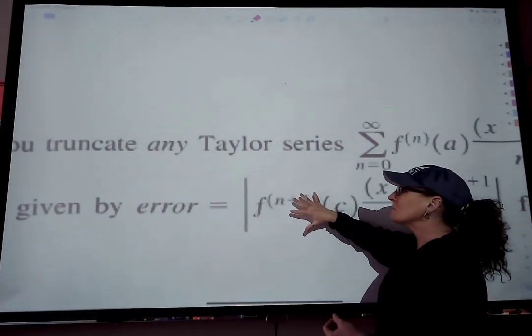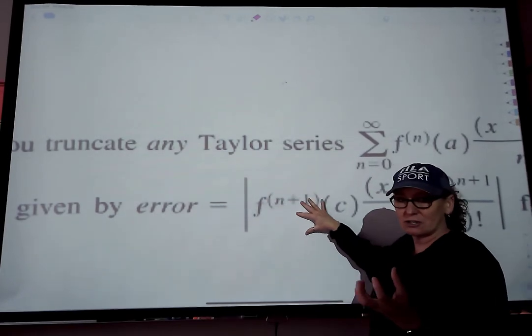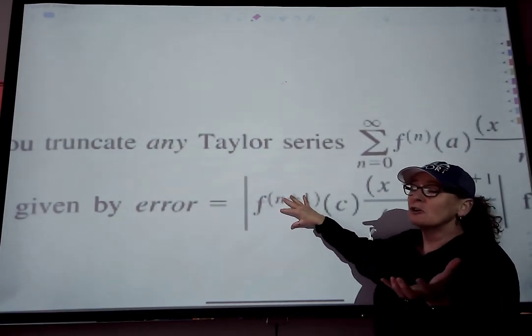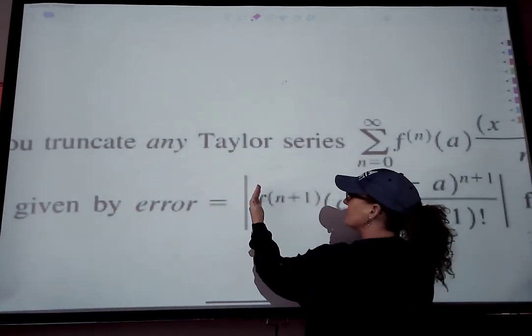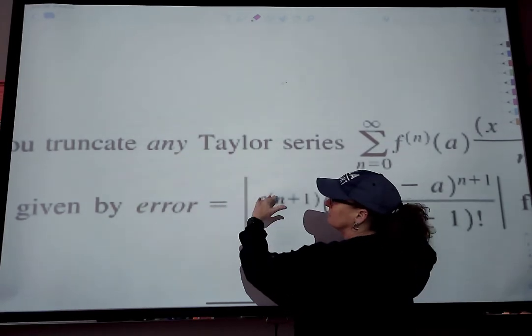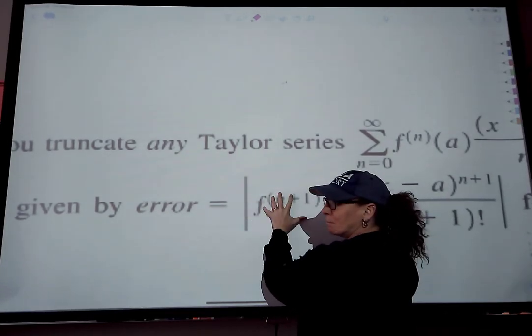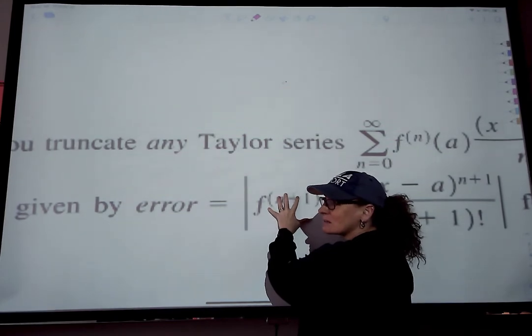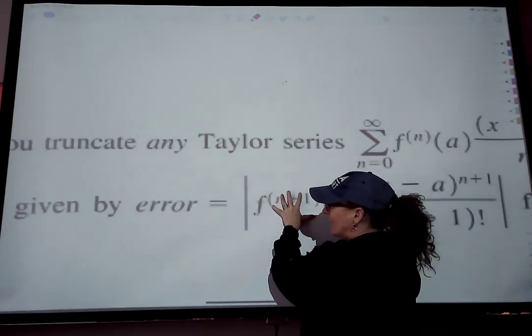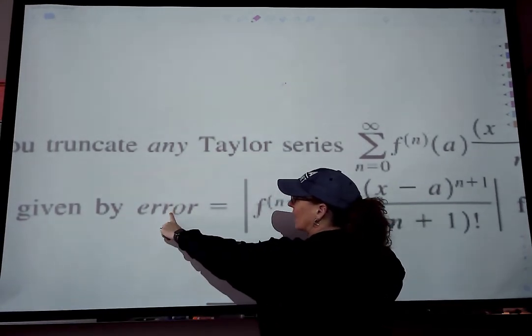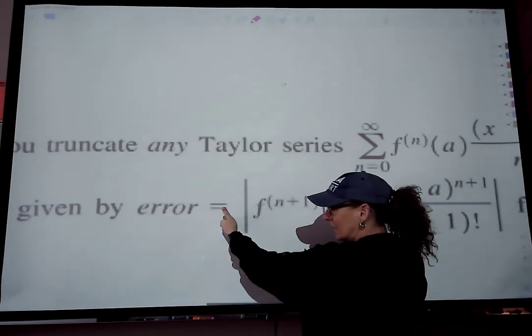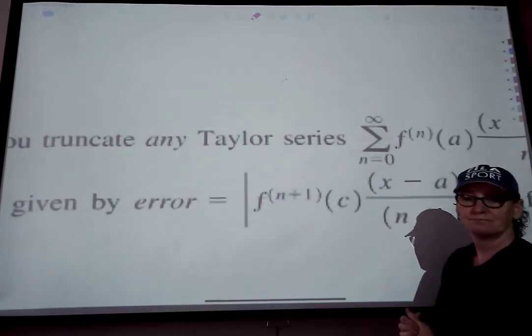So what we can do is, if we can cap this derivative, if we can say, well, I don't know what the exact value is, but I know that this will never be bigger than whatever, replace this with that maximum value, and then say my error has to be less than or equal to this.